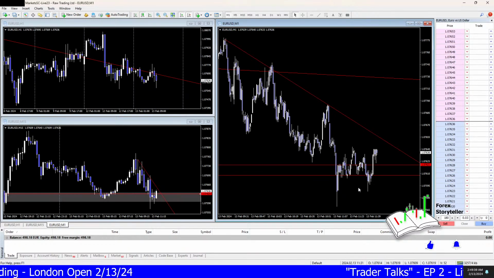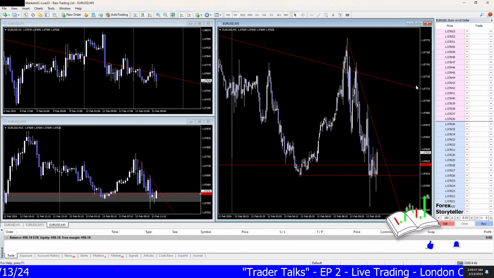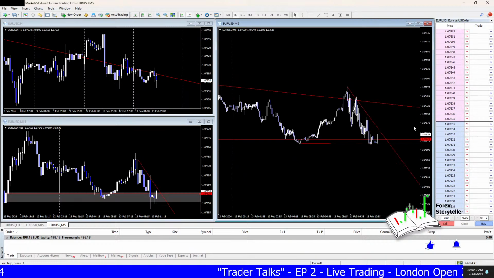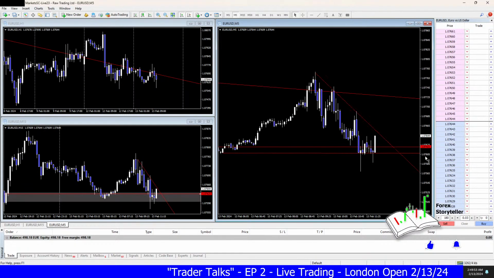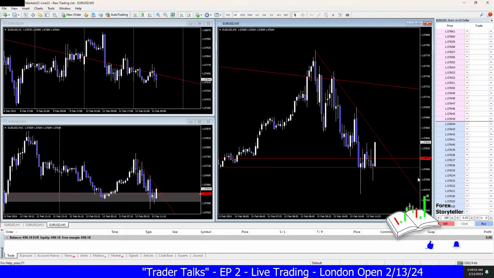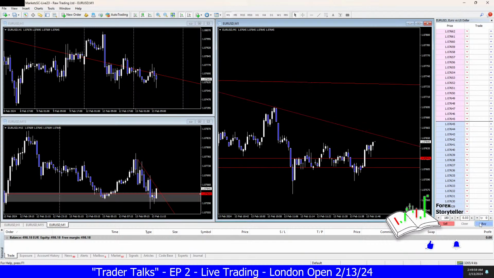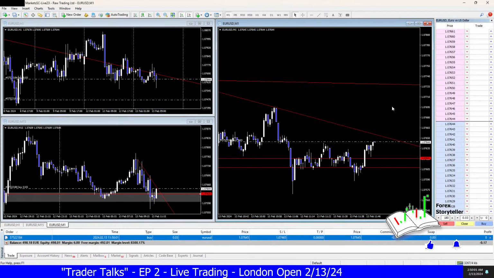Showing that as a double bottom, rising lows. Step back out a little bit further. Yeah, that's going to be a pretty strong push. We're going to try another buy from that position.